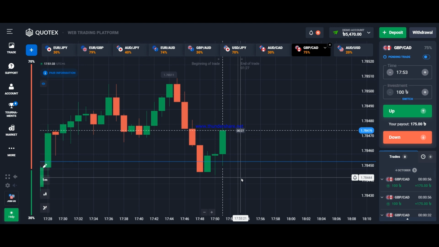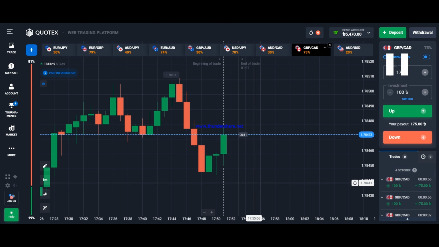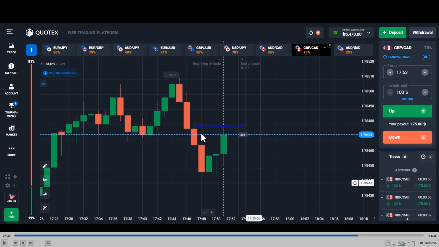And then we saw a big green candle. So I shifted my horizontal line to the higher low point again.